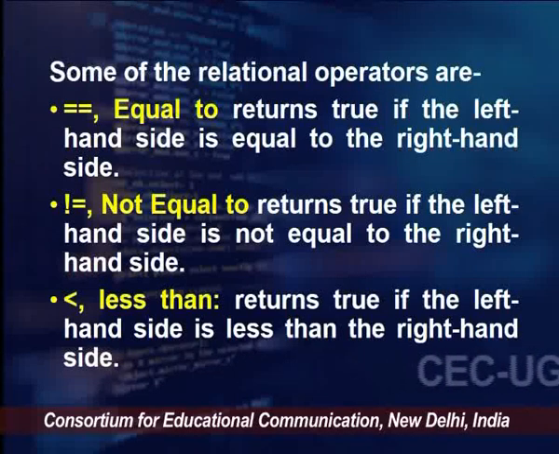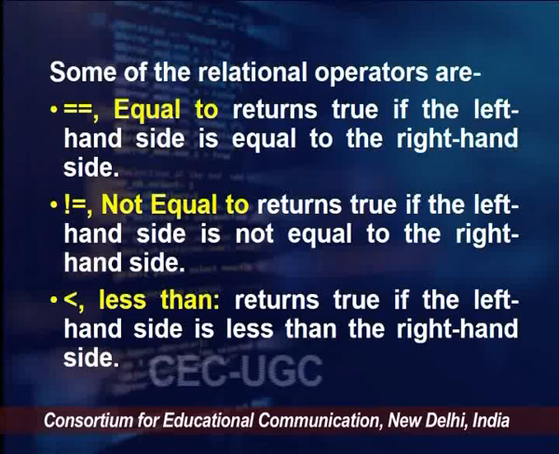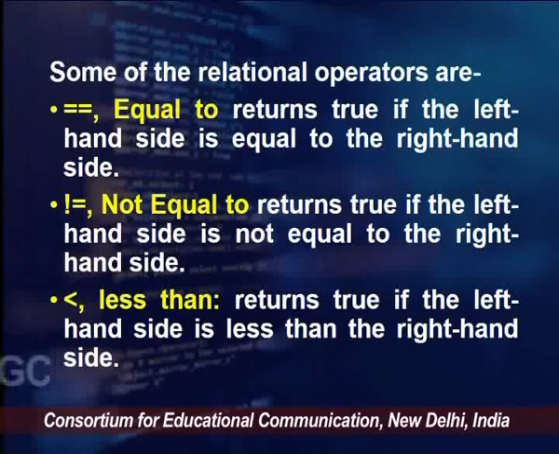Then we have less than, the symbol of the less than is trivial, returns true if the left hand side is less than the right hand side. Similarly, we have less than or equals to, which will return true if the left hand side is less than or equal to the right hand side.